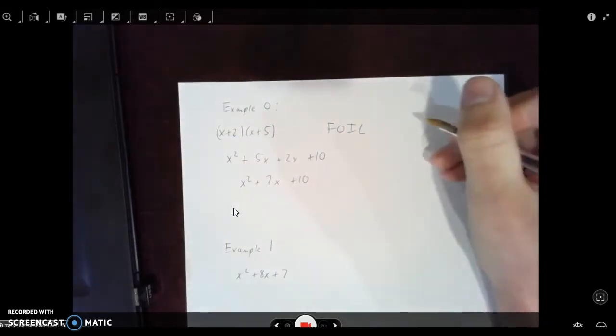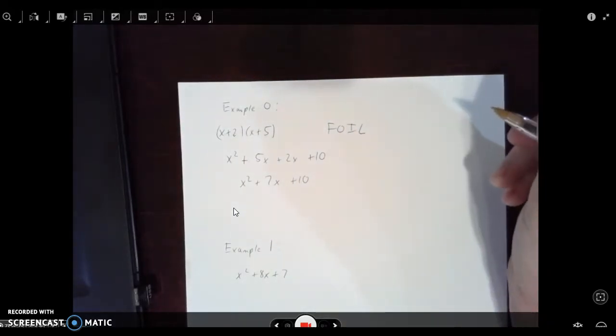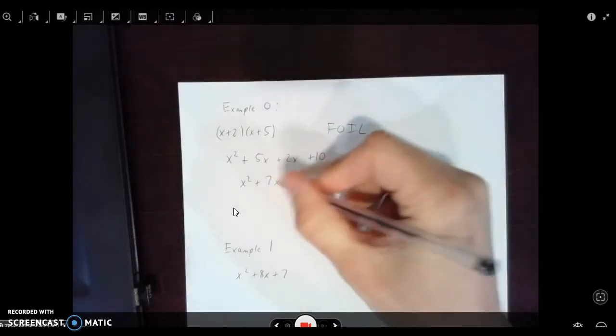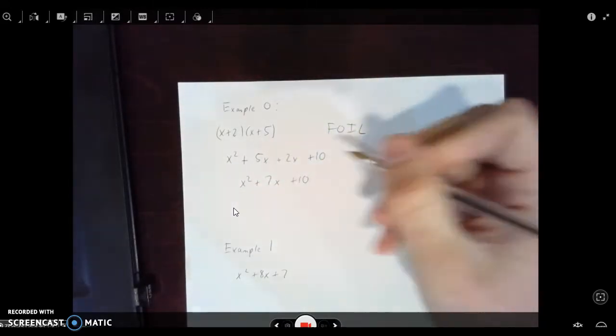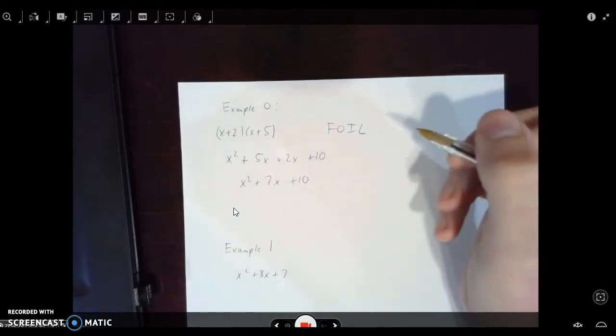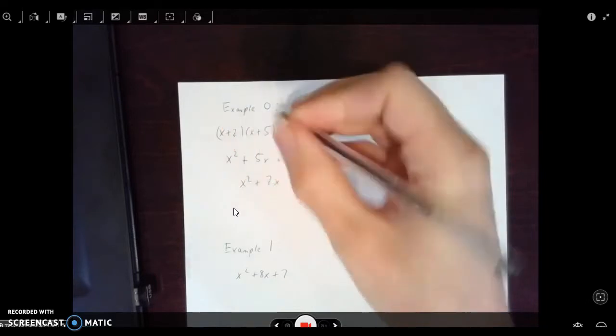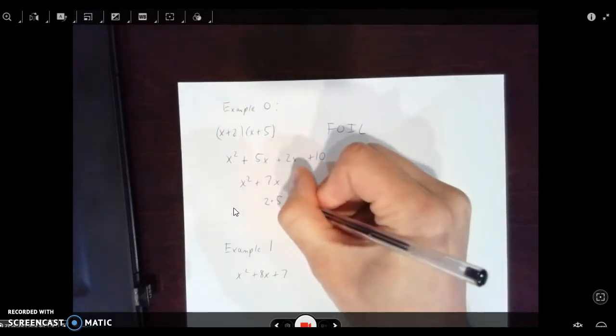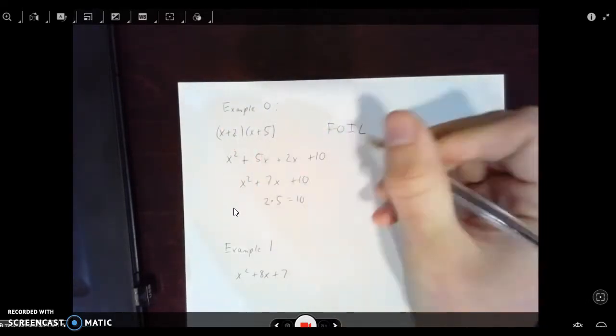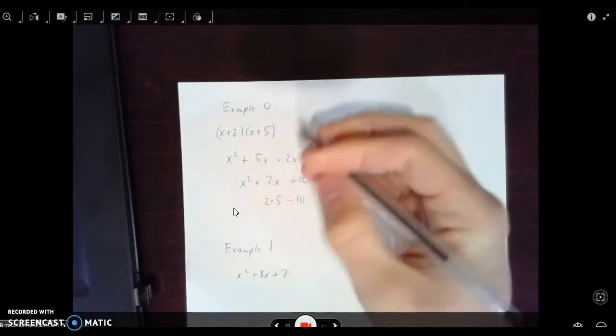Now, the reason that we did this is to go back and explore exactly where some of these numbers come from in this thing, which is a trinomial, the kind of thing that we're going to try to factor today. Where does this 10 come from? Well, from these binomials, 2 times 5 equals 10. And the 7, where does that come from? Well, 2 plus 5 equals 7.